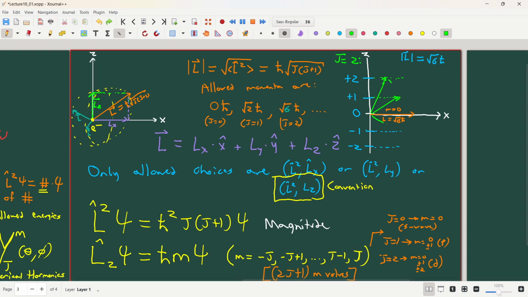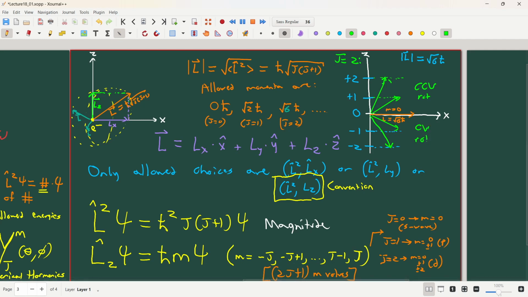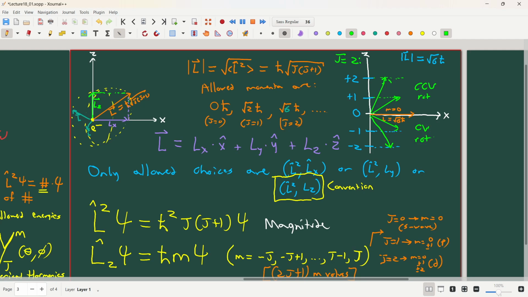I'm just trying to make these as accurate as possible. Right, so the angular momentum can point in 5 different directions. This is counterclockwise rotation, and this is clockwise rotation, or precession around the axis system, around the north and south pole, rather.